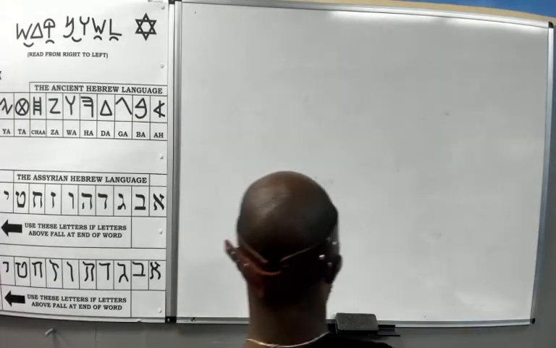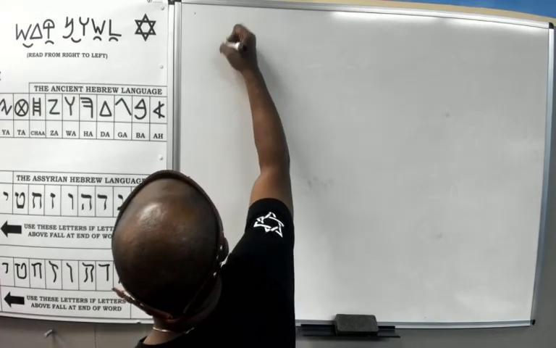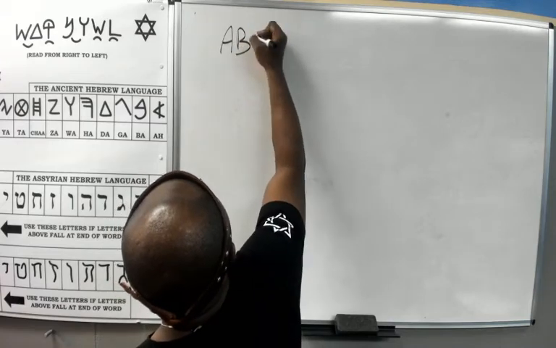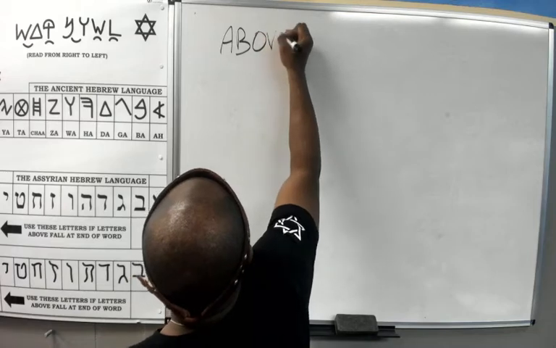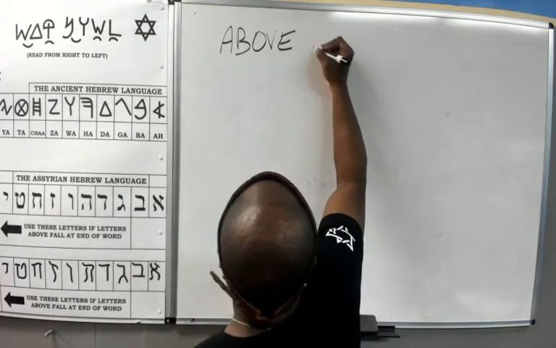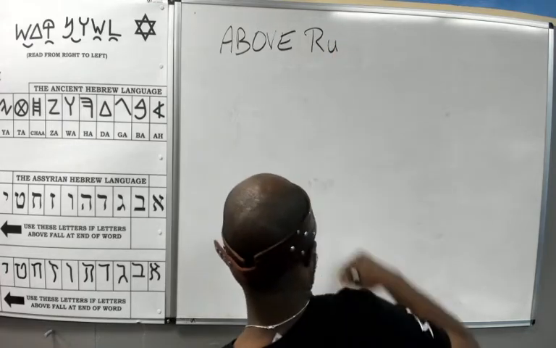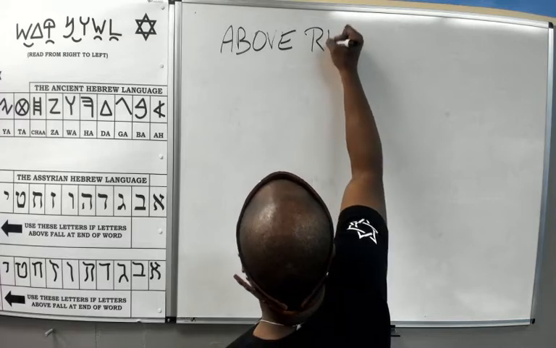All right. So the brother's question was, in the Hebrew, he wanted "above rubies." So we got above rubies, he wants it in the Hebrew.